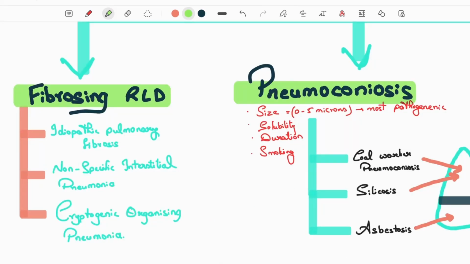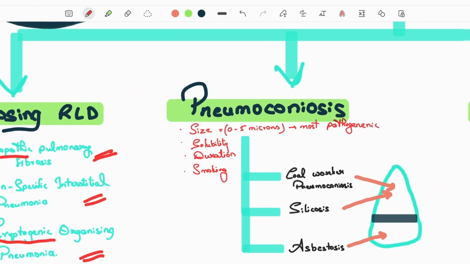Fibrosing restrictive lung diseases are further divided into 3 types. One is idiopathic pulmonary fibrosis, meaning we don't know the reason. Second is non-specific interstitial pneumonia, and the third is cryptogenic organizing pneumonia. Cryptogenic also means we don't know the reason, and idiopathic is also of unknown cause. Okay, so these are the 3 types present in fibrosis.